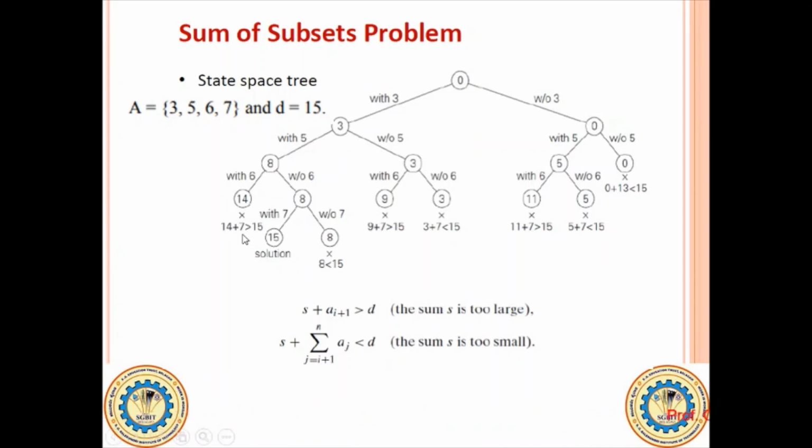Here you can see the sum. If it is more than the given sum, then we are considering that node as non-promising. If it is less than the given sum, that is less than 15, then we are also considering it as a non-promising node. So that is, sum S is too large and sum S is too small. So this is the problem of sum of subsets. Hope you understood the problem. Thank you.